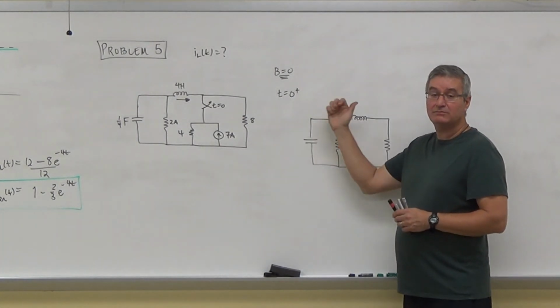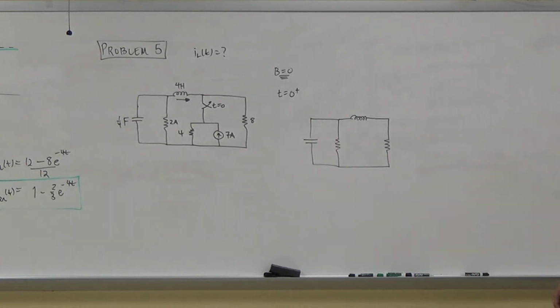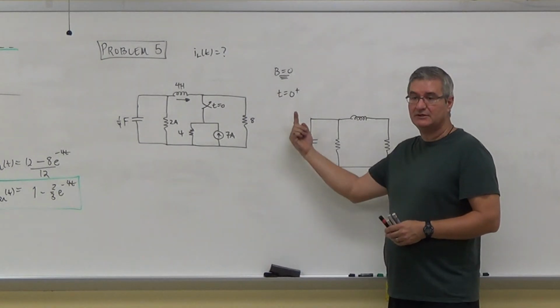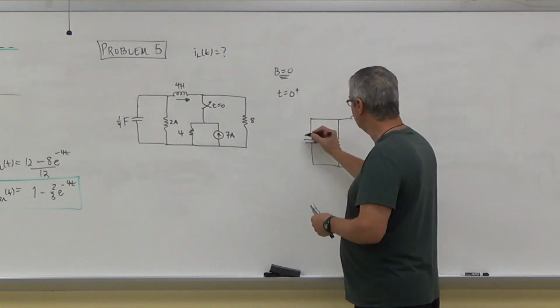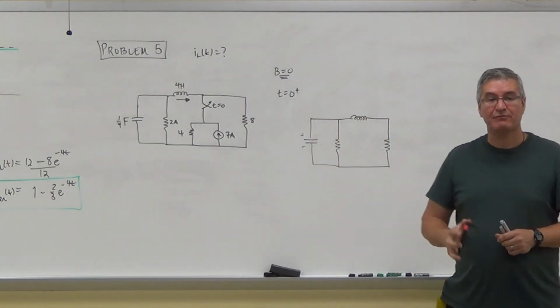And I told them, bullshit. And I keep asking the same question: if I have current going through a capacitor like this, where this is positive and this is negative, what does that mean? That there's an EMF.